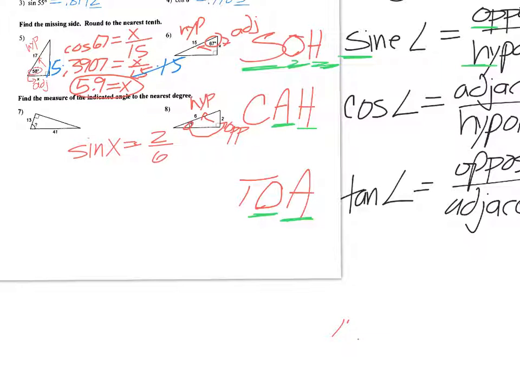So now I do the same exact thing I just got through doing. I'm going to do the inverse sine on both sides. Those cancel. So I'm going to get x is, so I type second sine button, 2 divided by 6, and I get 19.4, so that would be 19 degrees.